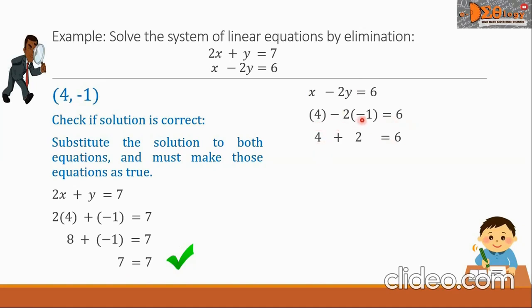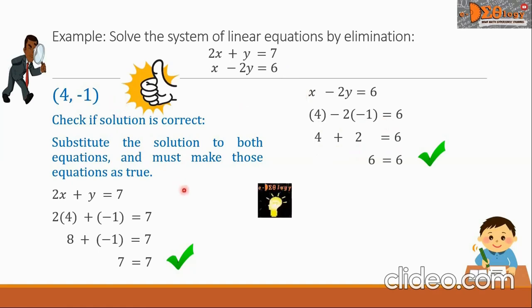This negative 2 times negative 1 will be positive 2 equals 6. And 4 plus 2 is 6 and that is equal to 6. So it is correct. So again, the solution makes the second equation true. It means to say, we are sure that our answer here is correct. And this is our final answer.